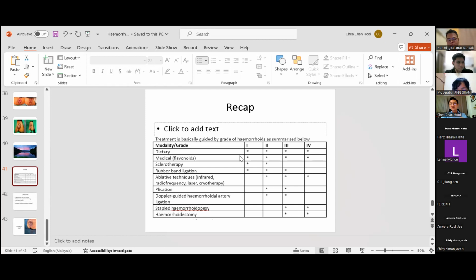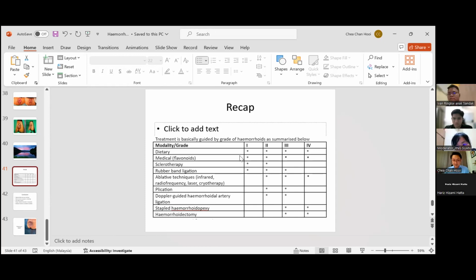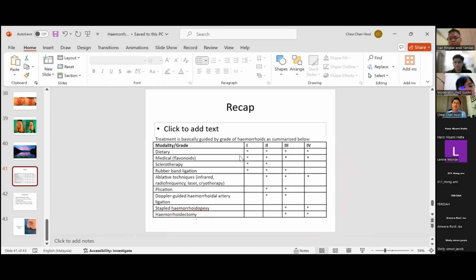The next question is, can other gastrointestinal diseases such as IBD, inflammatory bowel disease, predispose a person to develop hemorrhoidal disease? Not directly. Probably indirectly, simply because hemorrhoids form so commonly.